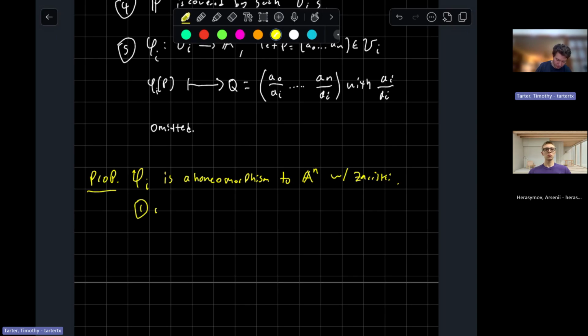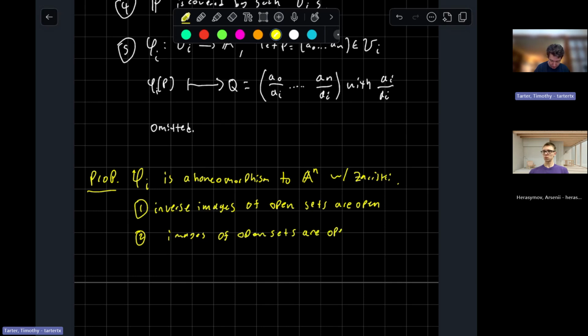All right, so inverse images of open sets are open. Images of open sets are open. Phi_i is a bijection.